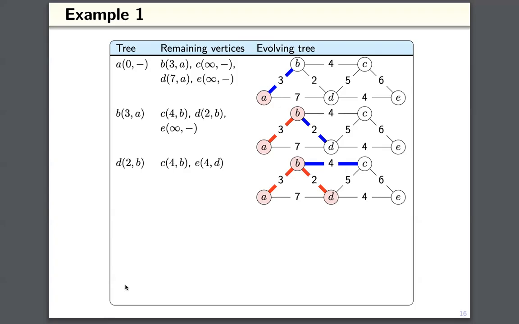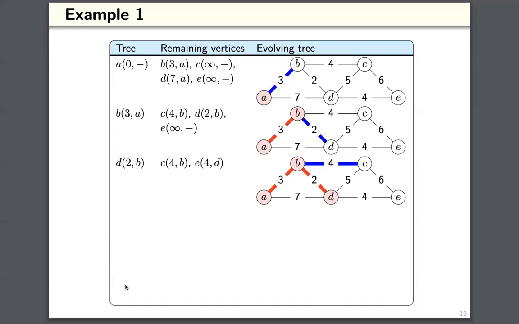So here, if you look at the remaining vertices, the second column, the third row, it's C4B and E4D. So both C4B and E4D should be blue because they are equal, right?